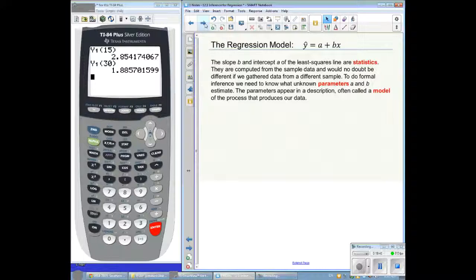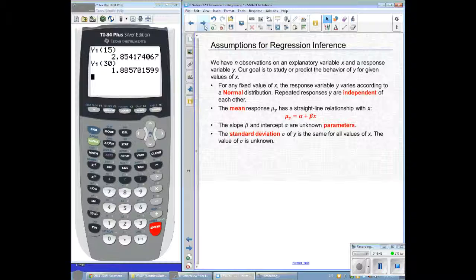All right, some assumptions. And these are just what we have to go in assuming is true. So if we have n observations on an explanatory variable x and a response variable y, n now represents the number of ordered pairs, because we're going to have an explanatory and a response.